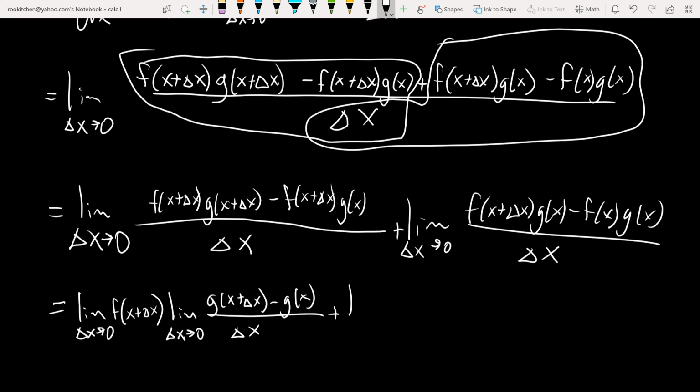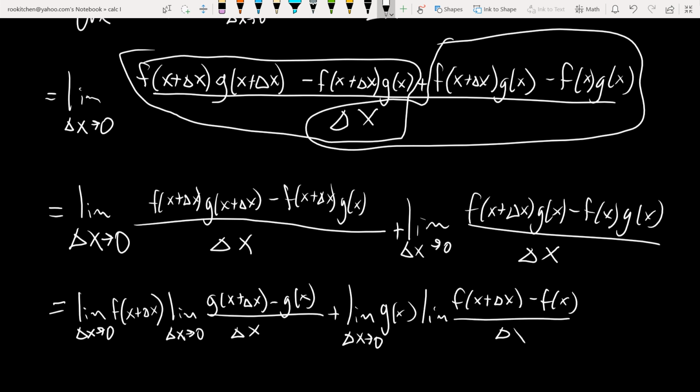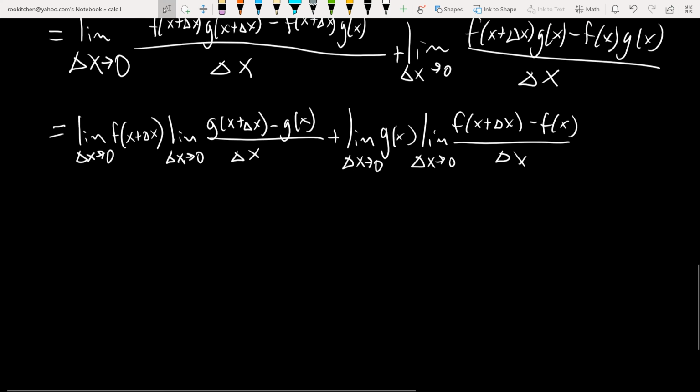And then plus the limit, and here I'm factoring out the g of x, and then breaking it into two limits. The limit of a product is equal to the product of the limits so long as each individual limit exists. Okay, that's one of our limit laws. And then it's times the limit of f of x plus change in x minus f of x all over change in x, as change in x goes to 0, and we're almost there.